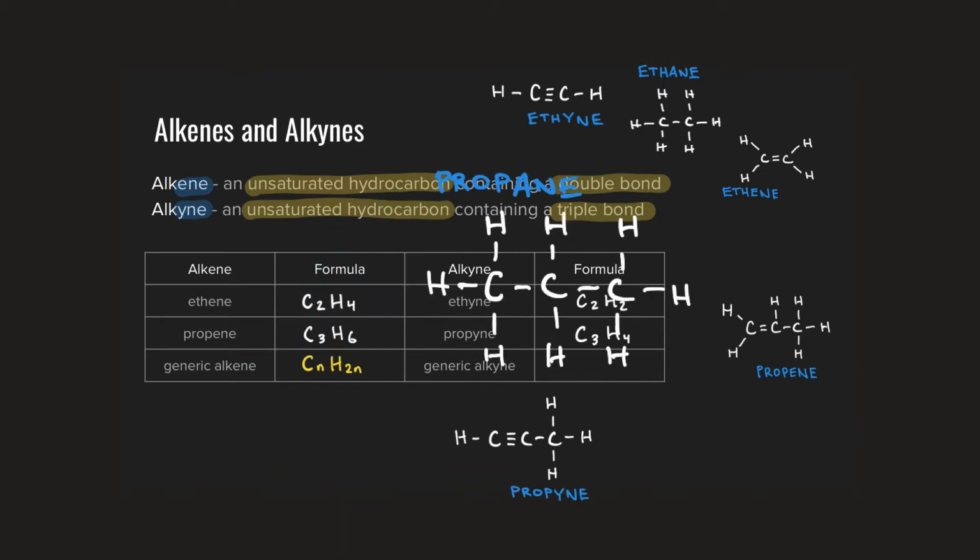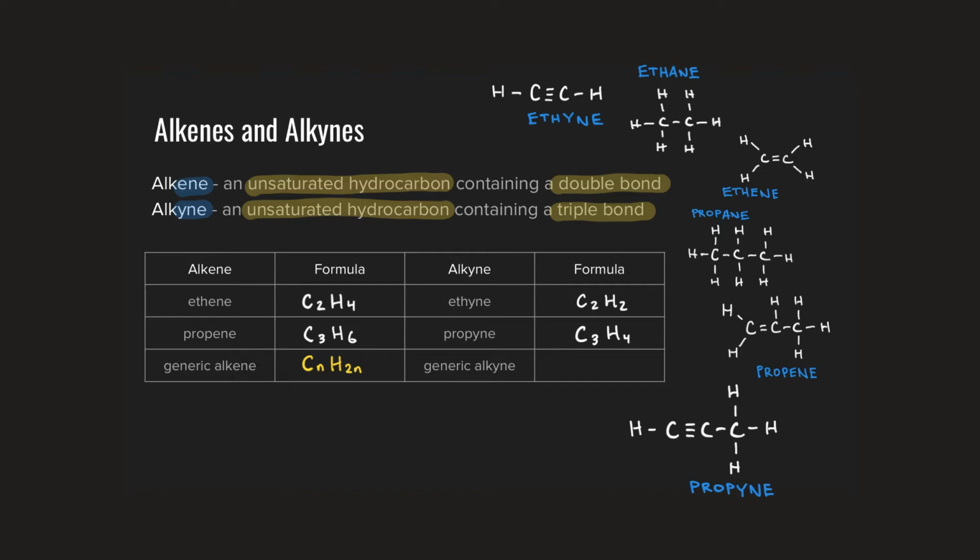And just like with the alkanes and the alkenes, we can give a generic formula for an alkyne molecule. We take the number of carbons and we double them, and then subtract 2 in this case to get the number of hydrogens which would be present. So our generic formula for an alkyne molecule would be CnH2n-2. And again, that only works if you have just one single triple bond in the molecule.